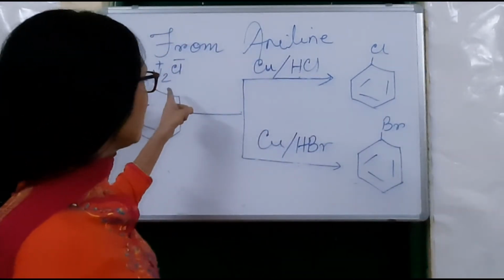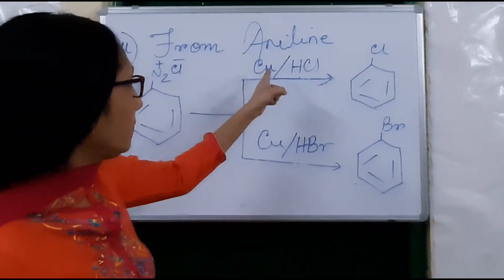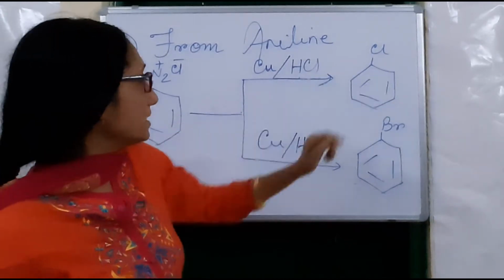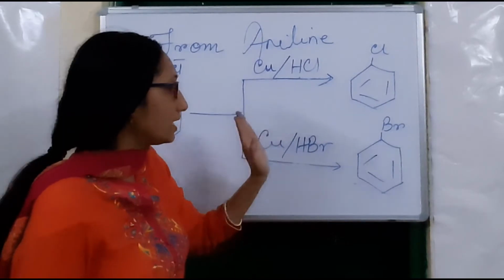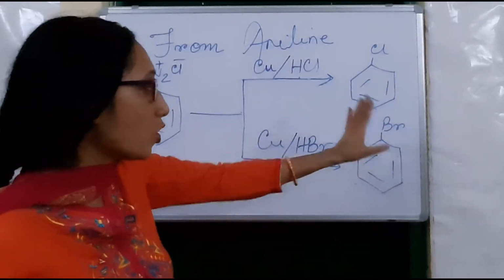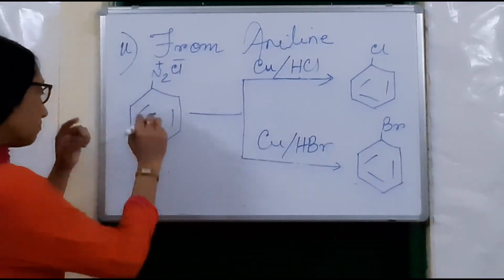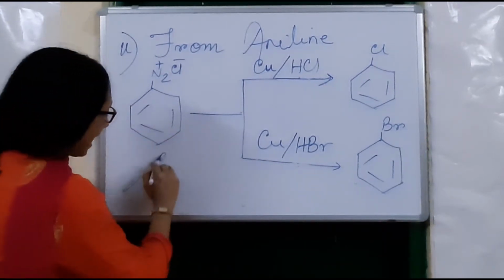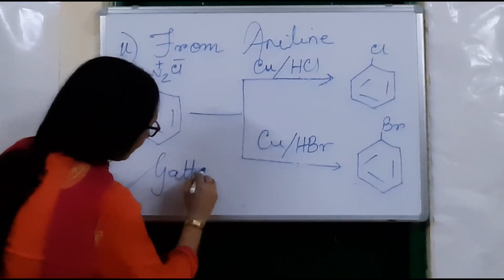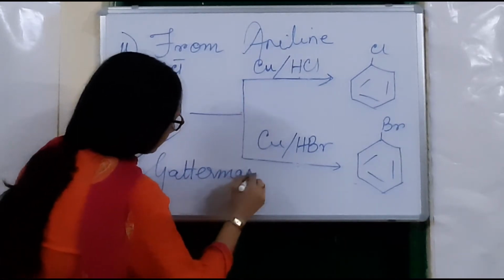So, benzene diazonium chloride, copper, HCl, gives chlorobenzene. Then benzene diazonium chloride treated with copper and HBr gives us bromobenzene. Now, this modified Sandmeyer reaction is known as Gattermann reaction.